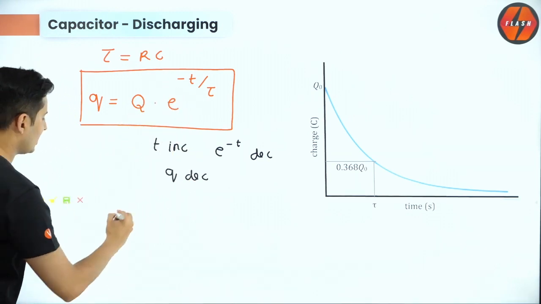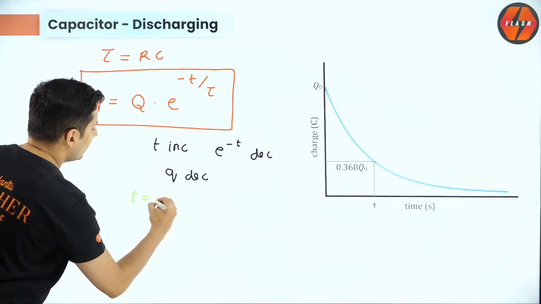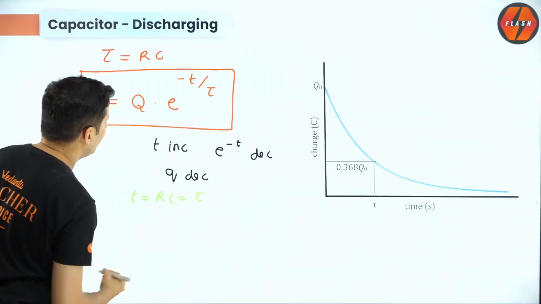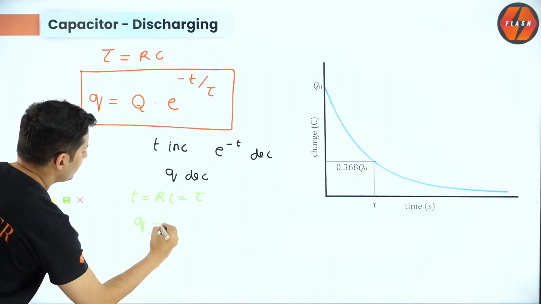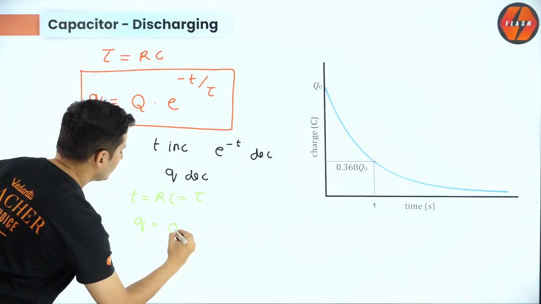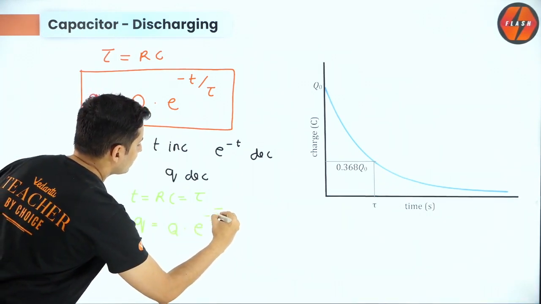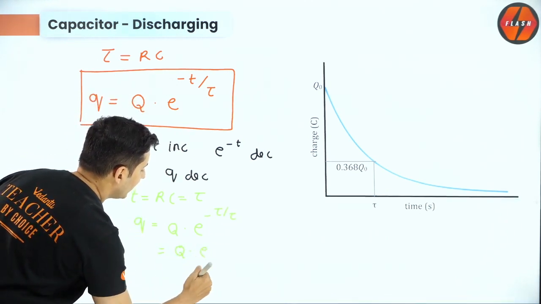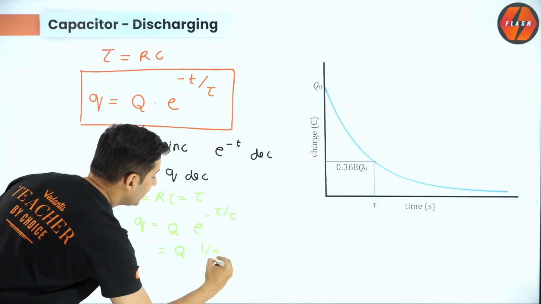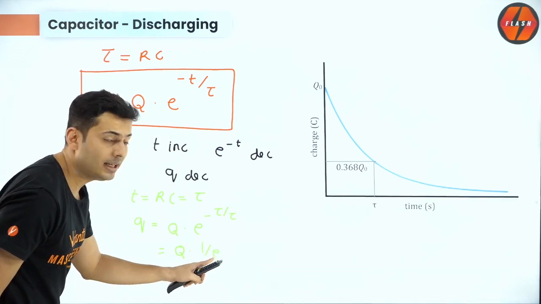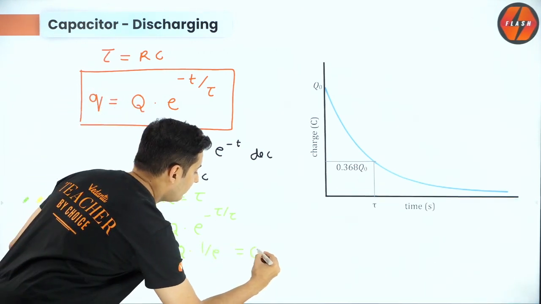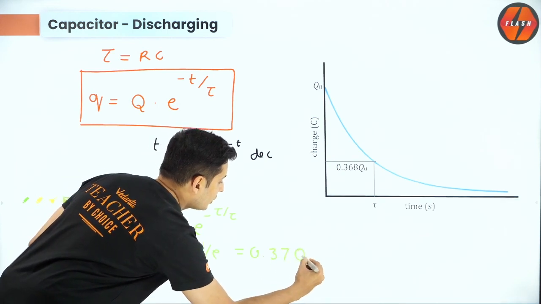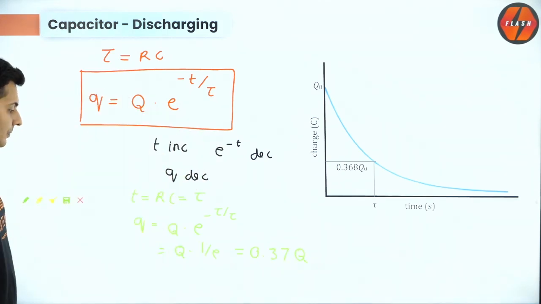And if you put a special value, t is equal to RC, which is just tau, the value of charge that you will get will be q into e to the power minus tau by tau, which is q into e raised to minus 1, which is 1 by e. Remember what was the value of 1 by e? It was 0.37. So it will become 0.37 q. Very important.